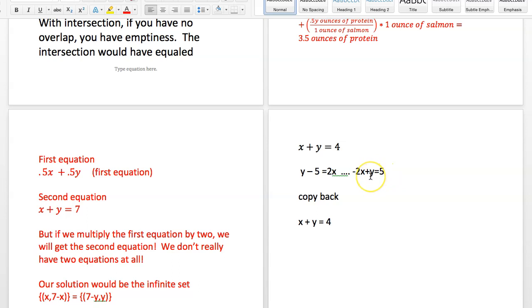Remember, you change negativity if and only if you jump across the equal sign. So the y stayed plus y because it stayed on the left side. The 2x jumped across to the left and became neg 2x. The negative 5 jumps across to the right and becomes positive 5. So we want to write the second equation as neg 2x plus y equals 5.